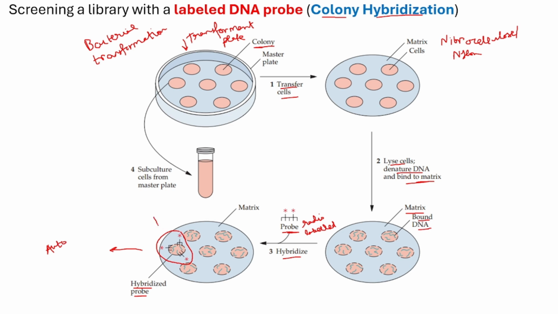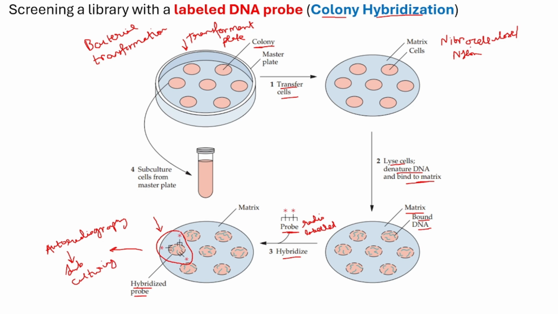You know this is your desired DNA, and then you can subculture and preserve it, or you can perform your experiments. This method is one of the most general methods, called colony hybridization.